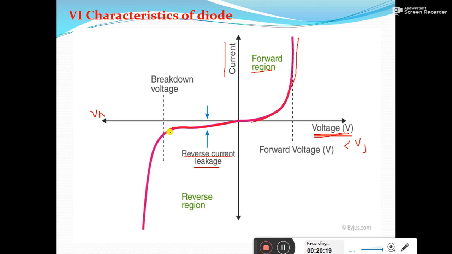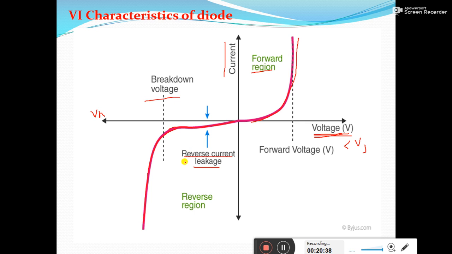After that, due to the increased junction voltage, the junction may collapse, with a tremendous increase in electron-hole pairs, causing a sudden rise in the current, and it is going to damage the diode permanently.